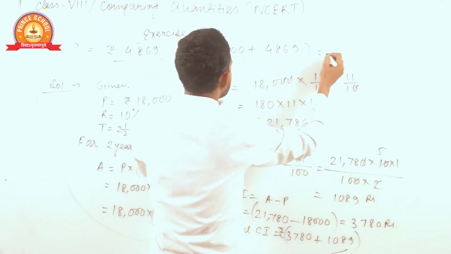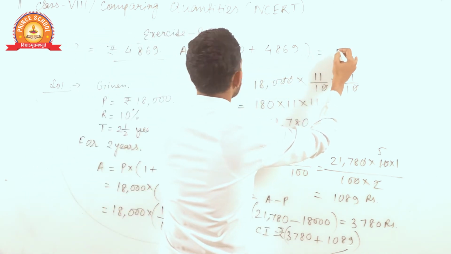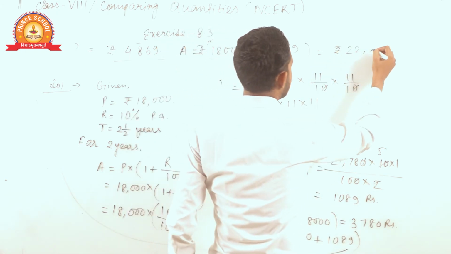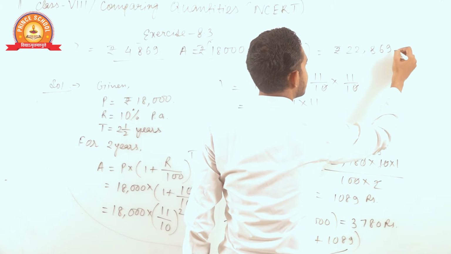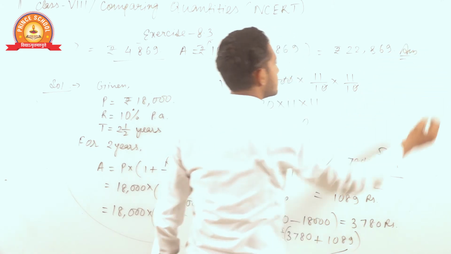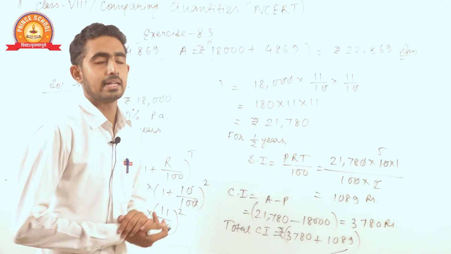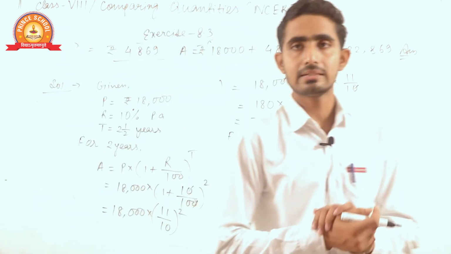That means 18,000 we can easily solve rupees 22,869, that is your complete answer. I hope all of you understand this question number B part. Okay. Now let's come to our question number C.